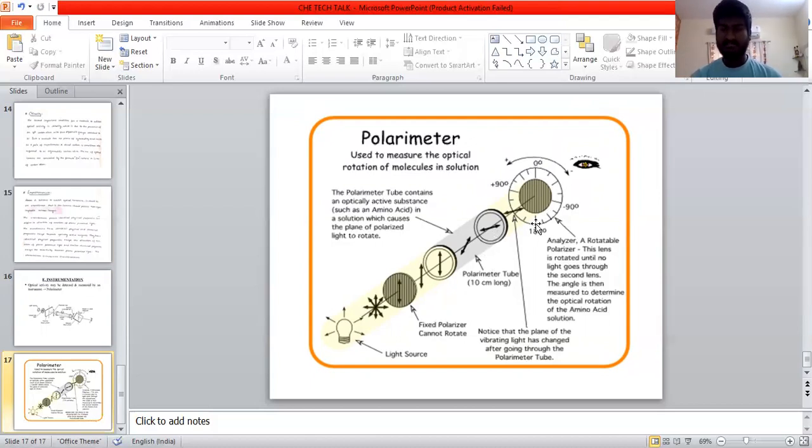That is our aim. Finally, you have the analyzer, a rotatable polarizer. This lens is rotated until no light goes through the second lens. The angle is then measured to determine the optical rotation. So in the analyzer, we can find the direction of rotation and the degree of rotation.